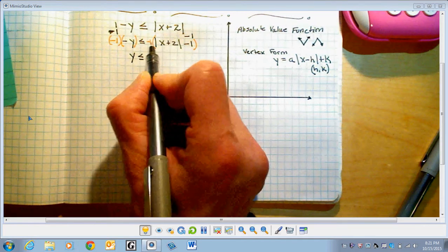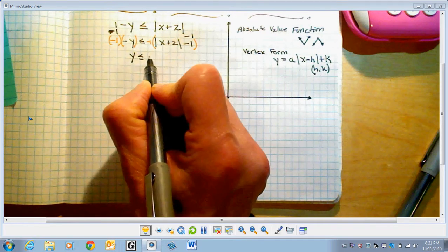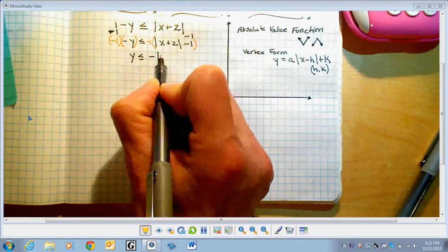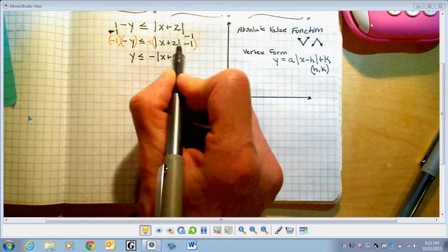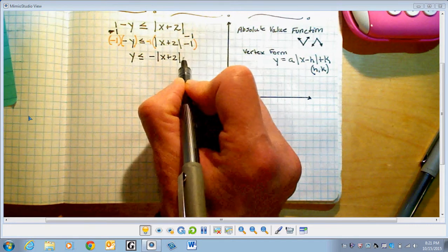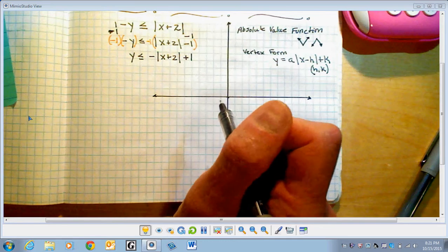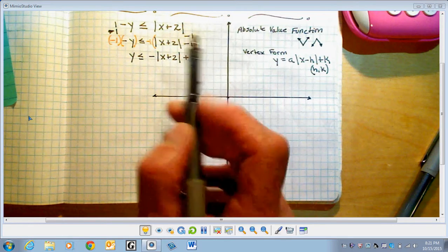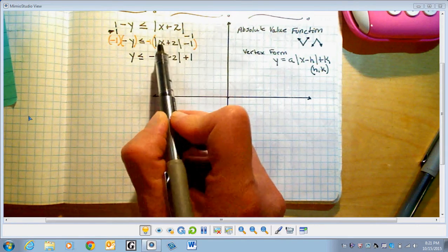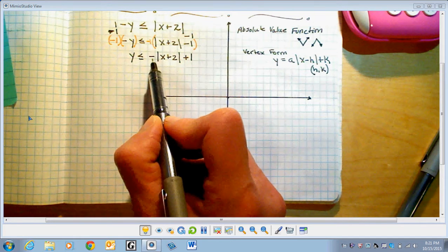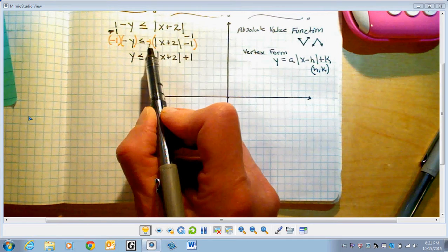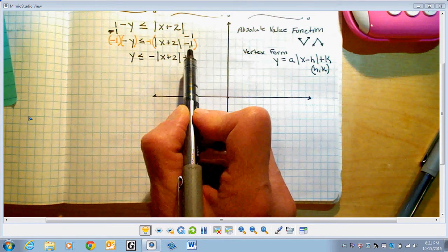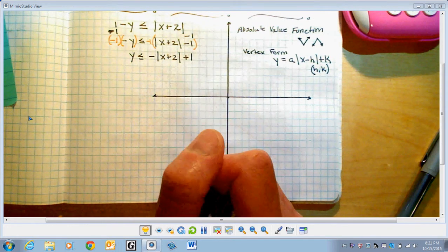If I multiply negative 1 times this absolute value, I'm going to have a negative absolute value of x plus 2. But then negative 1 times negative 1 is plus 1. That's the tricky part. Negative 1 times the absolute value cannot go in, so it stays on the outside. But I have to multiply all terms by negative 1, so negative 1 also gets multiplied to this negative 1 that's trailing here on the end.